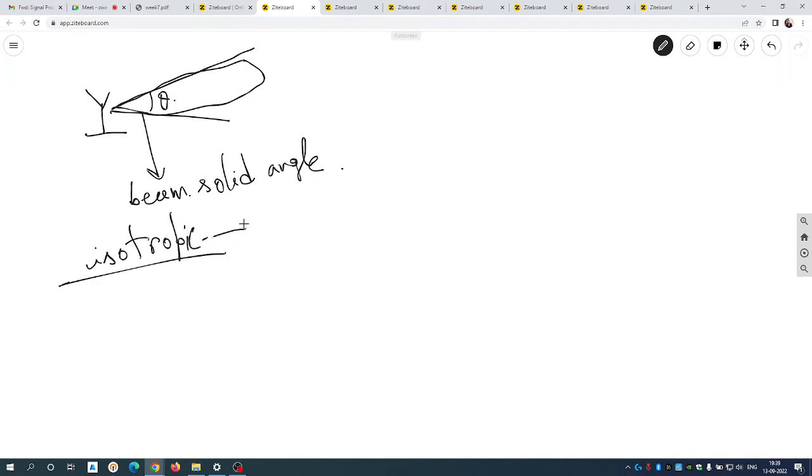This is the angle theta. So this is the beam solid angle. If the antenna is isotropic, this beam solid angle covers the whole globe, the x, y and z, three directions, the whole direction, and this becomes 4 pi.